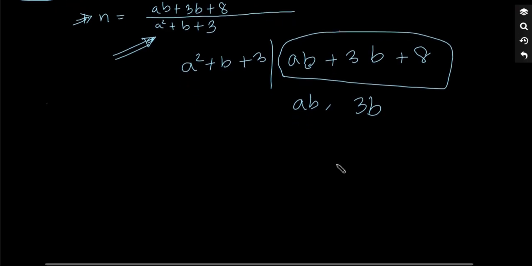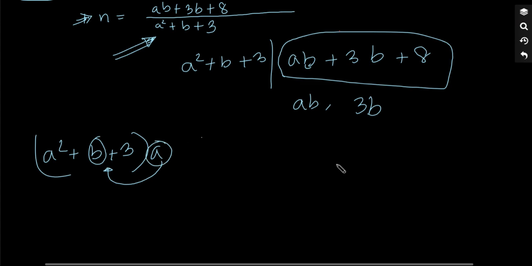The easiest way we all follow to eliminate things is this: take a squared plus b plus 3 and multiply it by a. Why a? I multiply by a because I get a term ab by multiplying these two variables, and then I subtract the whole thing from this expression, which eliminates them.